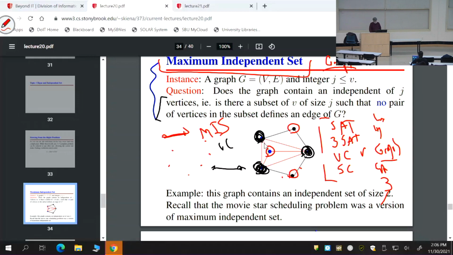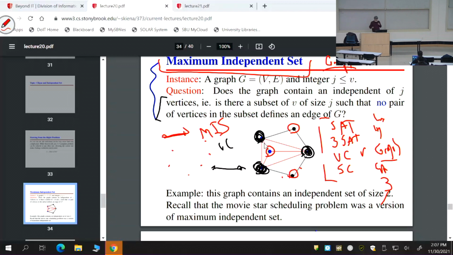This was my independent set, right? What do I know about my black vertices? The black vertices are the vertices that were not in my independent set. What do I know about those vertices? Yeah? They have to be a vertex cover.